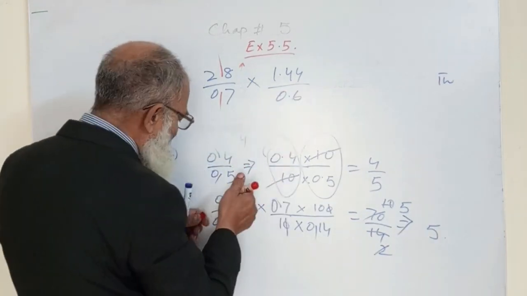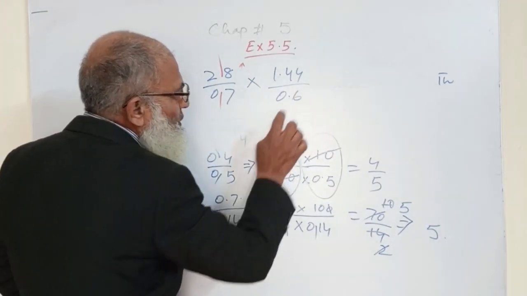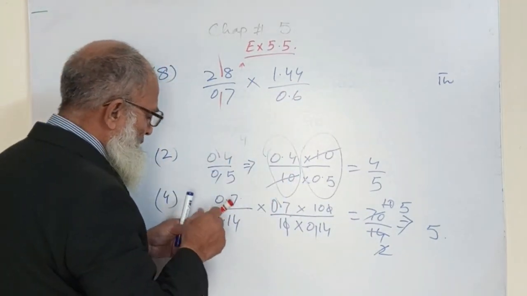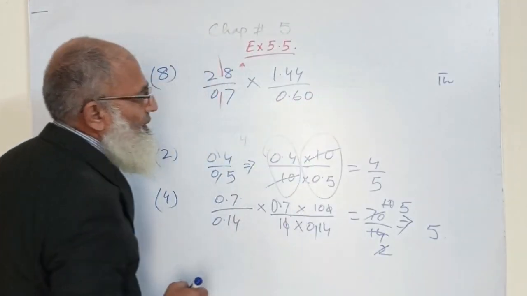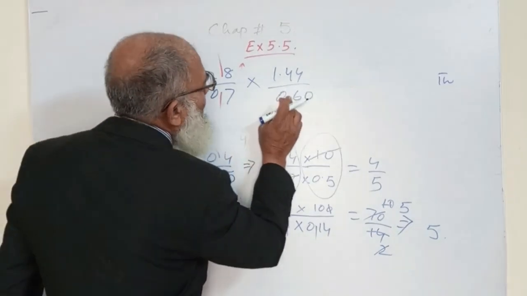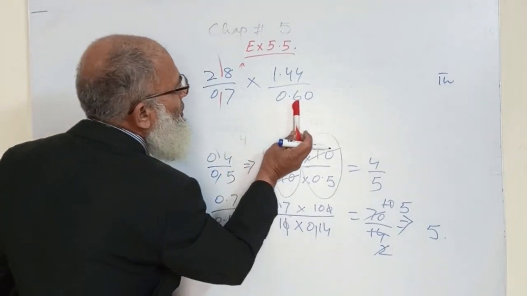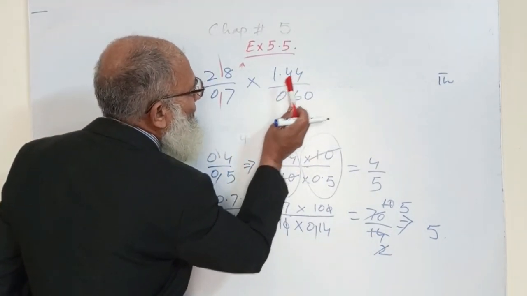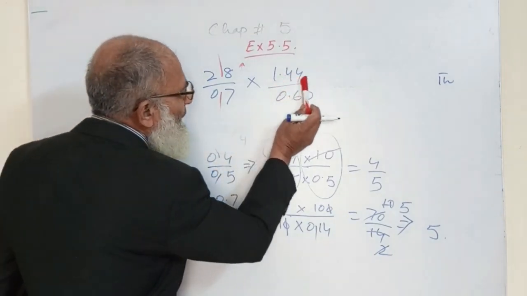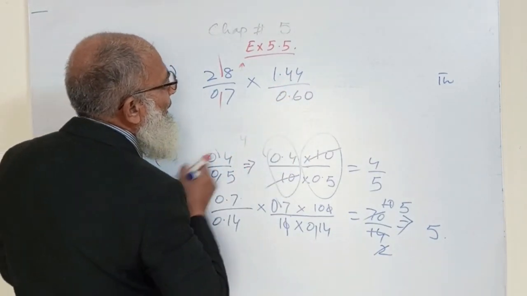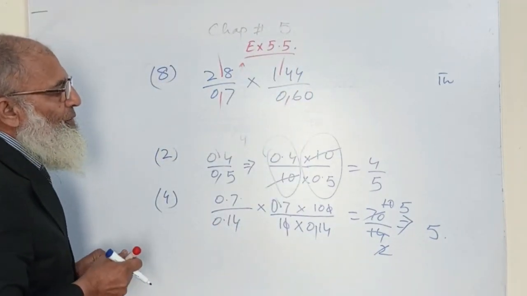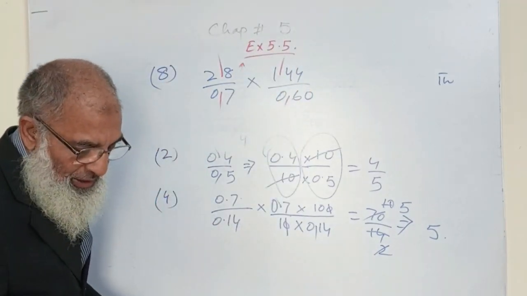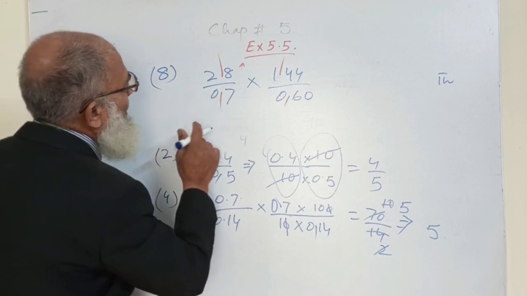Now for this, simply put 1 0 under this, and again you see now the decimals are at the same places, two places. Now again remove this, you can easily remove these. Now you can solve this question very easily.